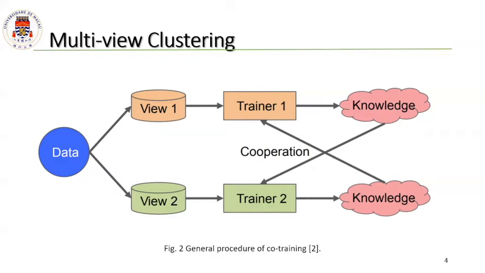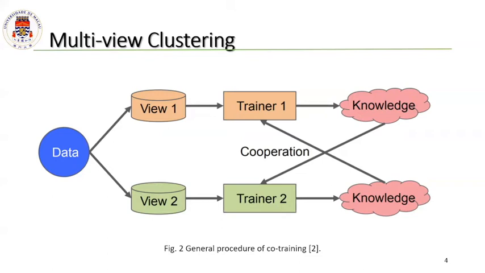The general procedure of the conventional co-training algorithm is shown in Figure 2. According to the procedure, the algorithm is trained alternately in order to maximize the consistency of two distinct views by using prior information or by learning knowledge from each other.